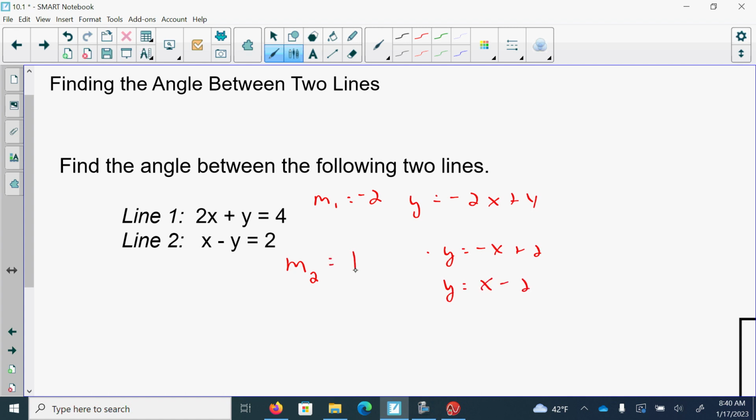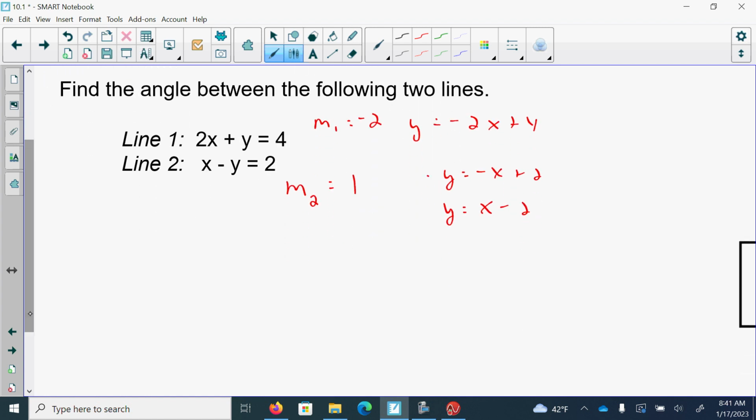Now I'm going to put it into that formula where I'm going to set equal to tangent. So tangent of theta is equal to the absolute value of slope 1 minus slope 2, all over 1 plus slope 1 times slope 2.